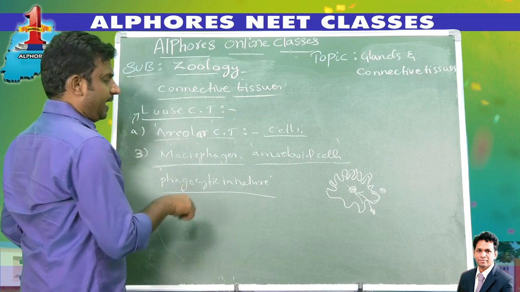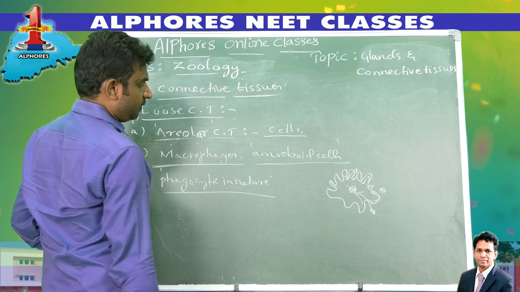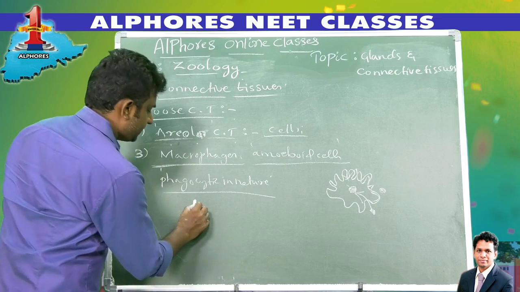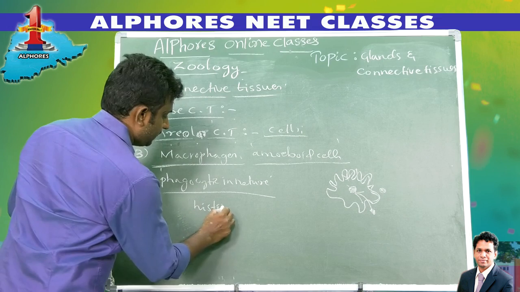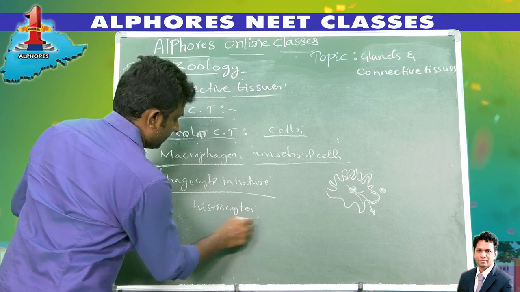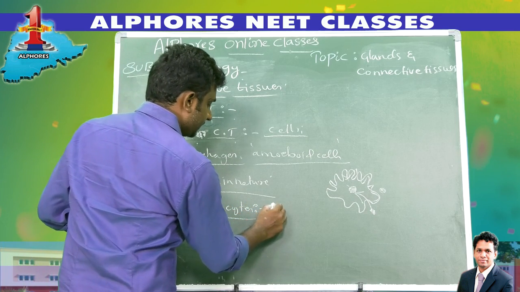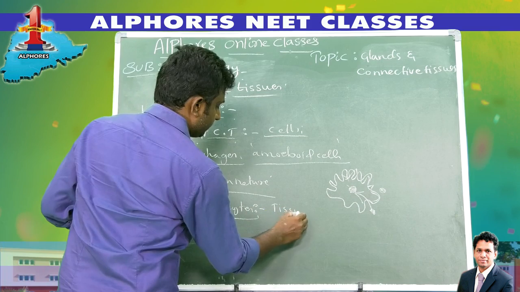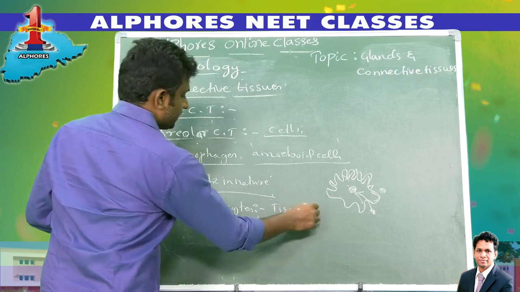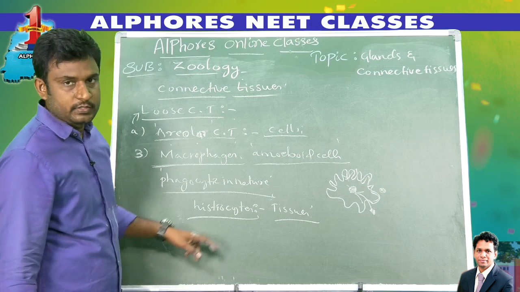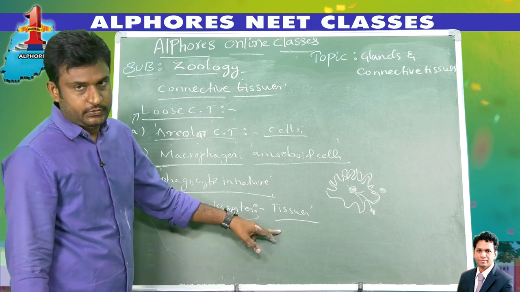Different types of macrophages are present in our body, like histiocytes. Histiocytes are a type of phagocytic cells present in the tissues.